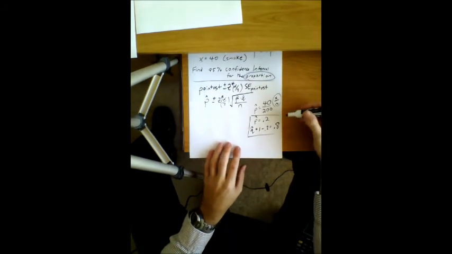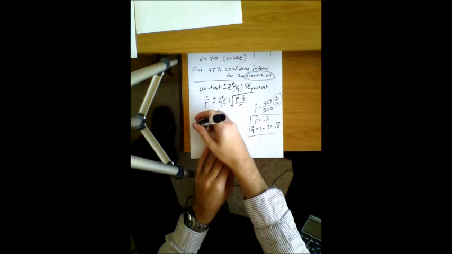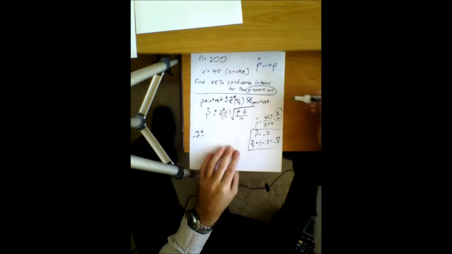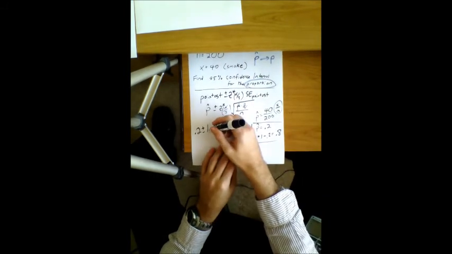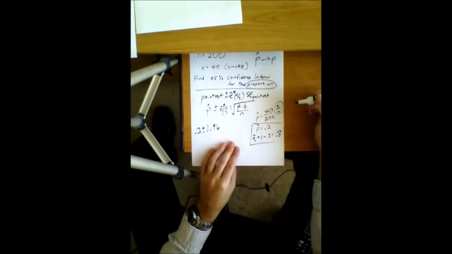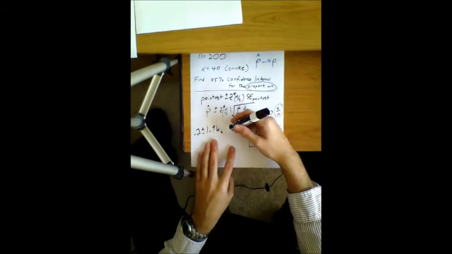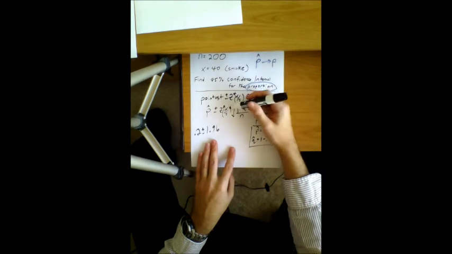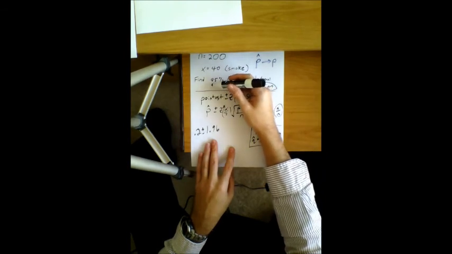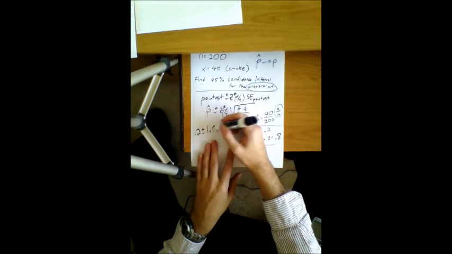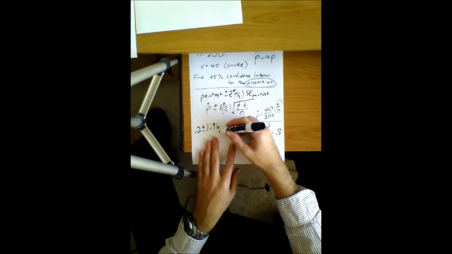So let's go ahead and plug all this in. P hat was 0.2, plus or minus z star of alpha over 2. For 95% by now, we know that it's 1.96. If we're not sure, we can do the same thing we did in the past problem: alpha is 1 minus 0.95, so alpha is 0.05. Take half of it, find it in our table, and we find 1.96.